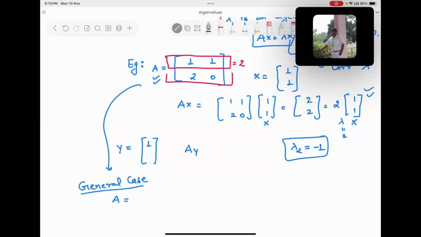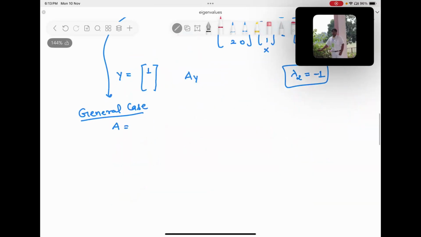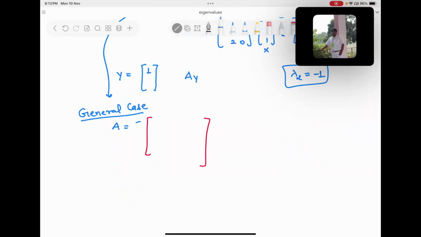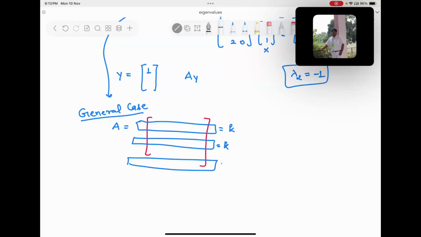Now what is the sum of this row? 2. So the sum of all rows is the same. Now suppose you have an n cross n matrix, and the sum of R1 is say k, and the sum of R2 is also k. The sum of all rows is equal to k.